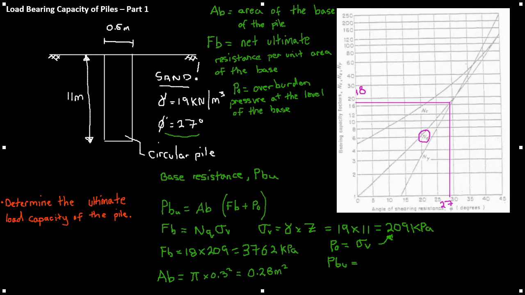PBU equals the area of the base, which is 0.28, multiplied by brackets FB, which is the net ultimate resistance per unit area of the base. We calculated that 3,762 plus P0, overburden pressure at the level of the base, 209. Close brackets, and then we will get an answer of 1,112 kilopascals.